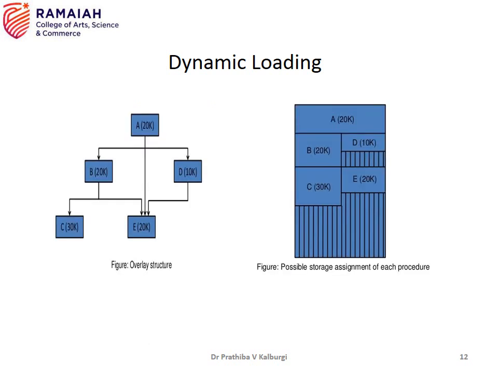As you see in the first diagram, that is the overlay structure, A calls B, D and E, whereas B calls the programs C and E, and D alone calls E. So here C and E do not call any other program.